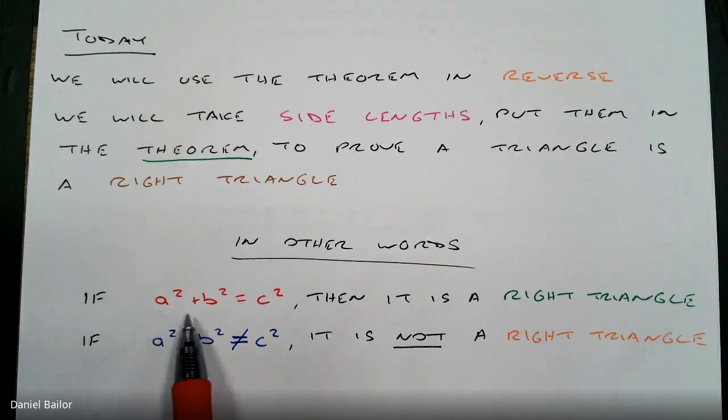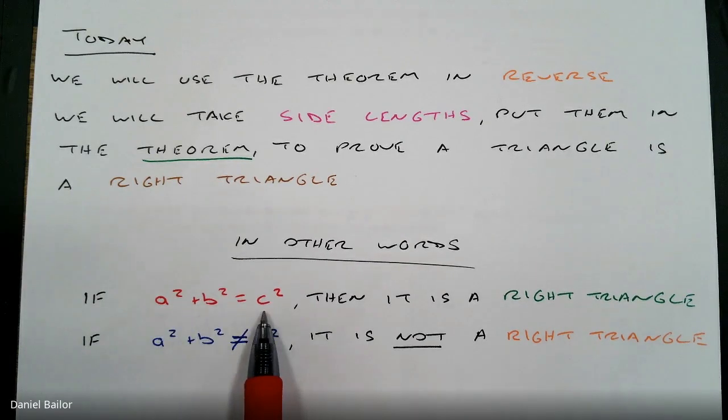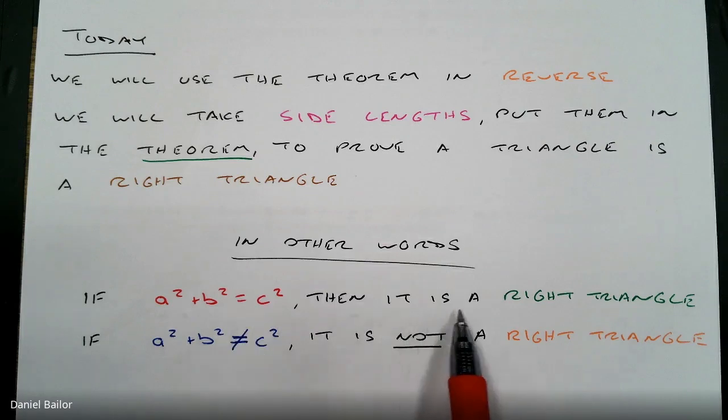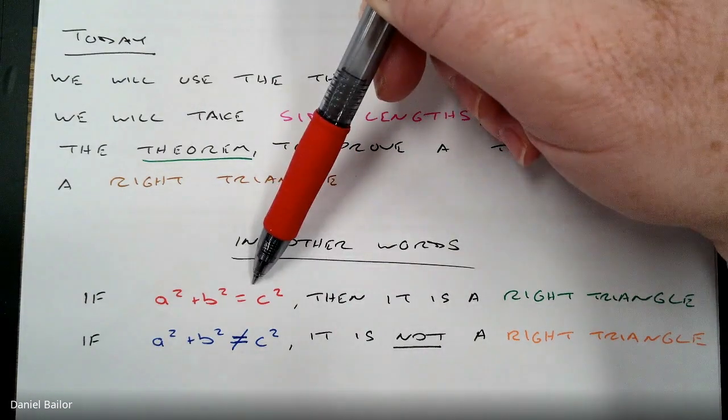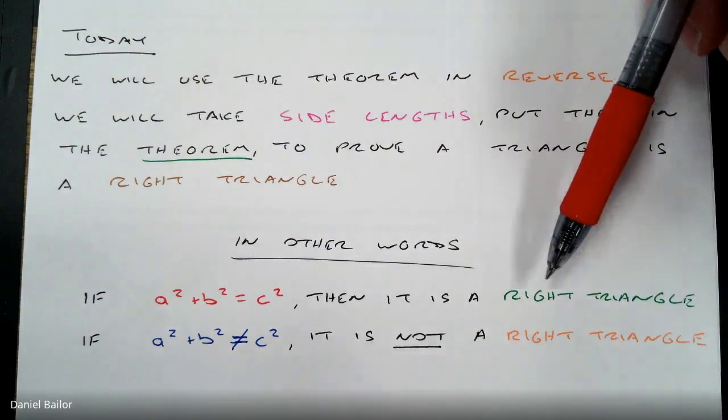If a squared plus b squared equals c squared, if both sides are equal, then it is a right triangle. If a squared plus b squared does not equal c squared, if the sides are not equal, it is not a right triangle. If the Pythagorean Theorem is true, it is a right triangle.